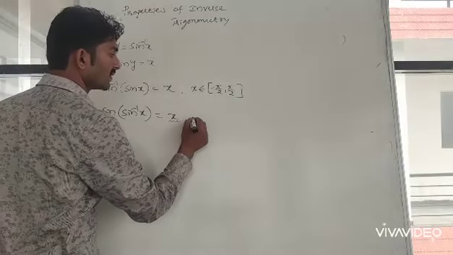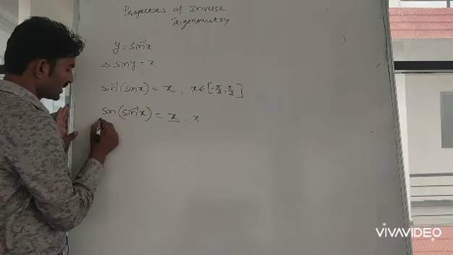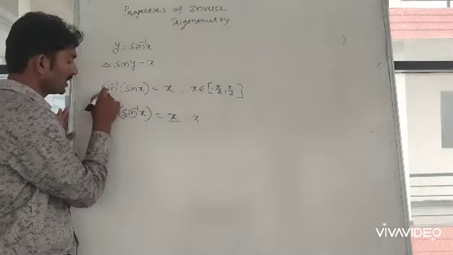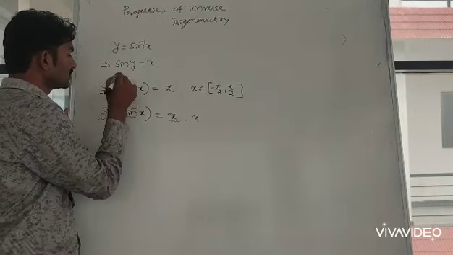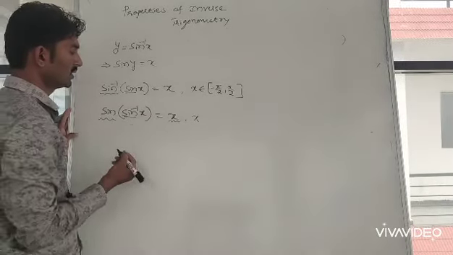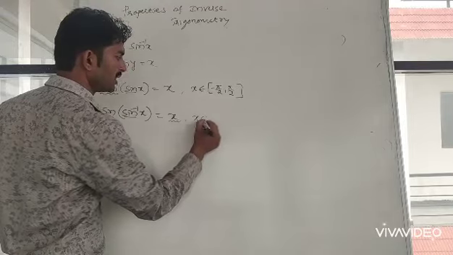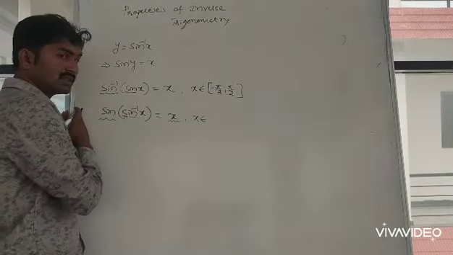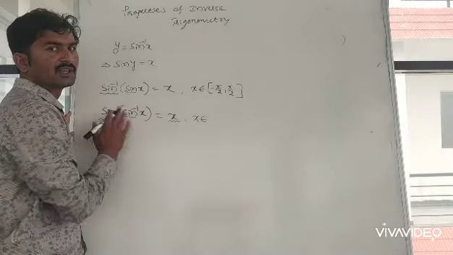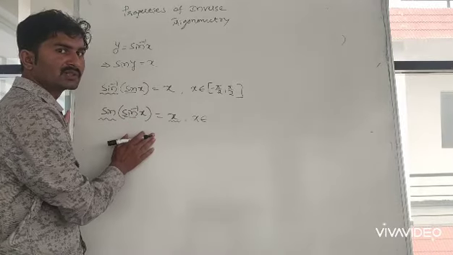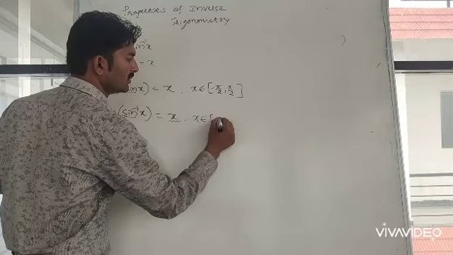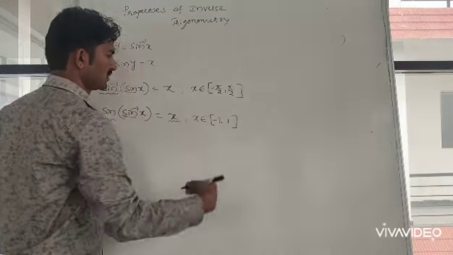Here suppose sine is outside, sine inverse is inside. Here sine inverse was outside, sine inside. So x belongs to what is the range? Sine is outside, just like sine of x power. If it is y is equal to sine x, then the range will be closed interval minus 1 to plus 1.